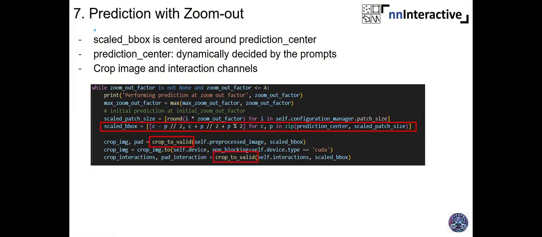Next, the scaled bounding box is used to crop the images as well as the interaction, where the scaled bbox is centered around the prediction center, and the prediction center is also dynamically decided by the previous prompts. Using the scaled bbox, which is of scaled patch size, it crops the images as well as the interaction channels.